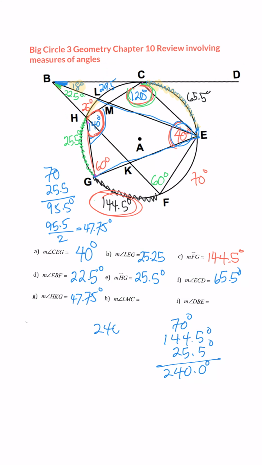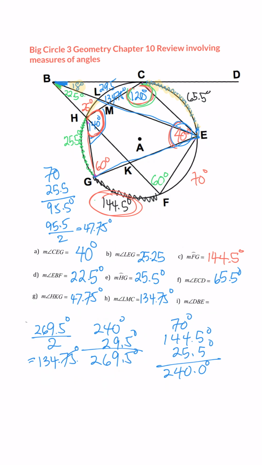And 240 degrees plus 29.5 degrees is equal to 269.5 degrees. Let's take half of it. 269.5 degrees divided by 2 is equal to 134.75 degrees. So this angle is 134.75 degrees. And then this one is 134.75 degrees. Finally, we have the easiest question because we solved it at the very beginning.